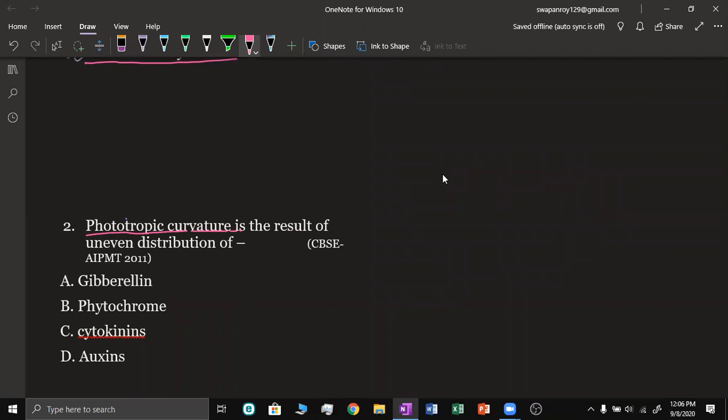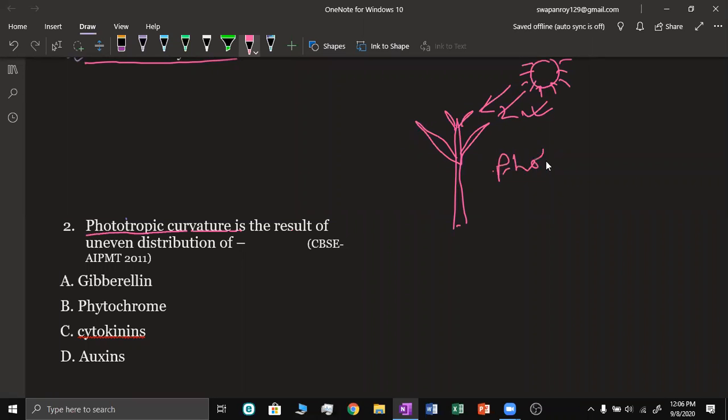Okay, our next question is phototropic curvature. You understand that in a plant, when light is coming from a source, then we find that the plant bends towards the source of the light, the plant or the plant organ. This is what we call phototropism.